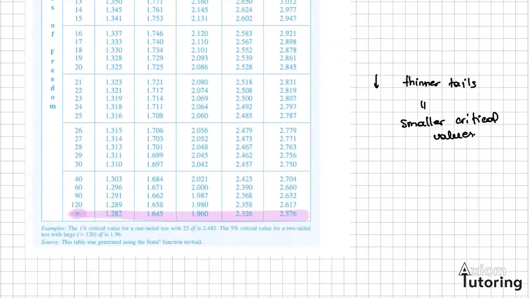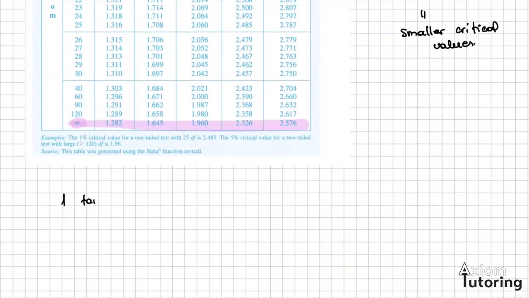When we have a one-tailed test, or the one-tailed critical values, we are looking at extremes in one direction. For instance, we're going to use these numbers to answer questions like: is the effect positive and large, or is the effect negative and small? So you only care about one tail, one direction.